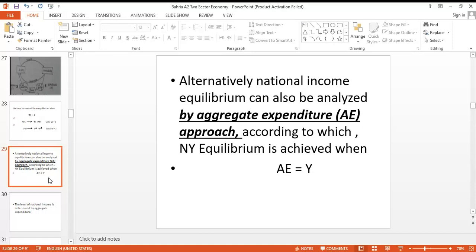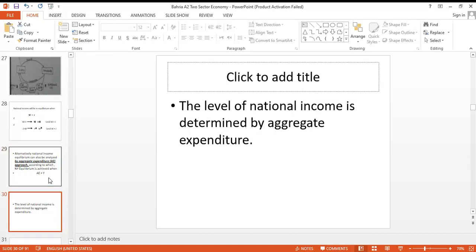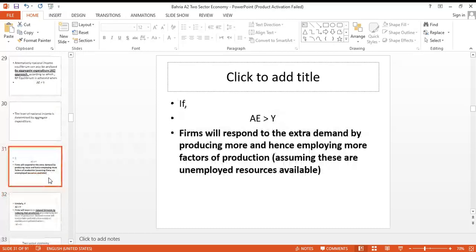So, according to the aggregate expenditure approach, your aggregate expenditure, which is C plus I plus G plus X, must equal the national income. Here, in this approach, the level of income is determined by the expenditure. But if the aggregate expenditure is more than income, what will happen? It means that people want to spend more.